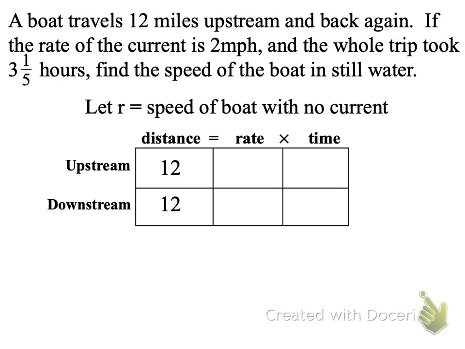And then the rate. Now, going upstream, am I going with or against the current? Against. I'm swimming against the water, like going uphill. You know when it's really hard to swim into the tide? That's against. So if the current is 2 miles per hour, what is the rate going to be?